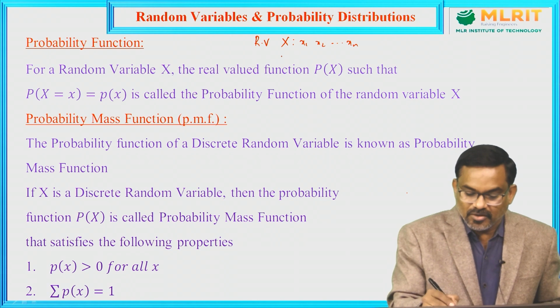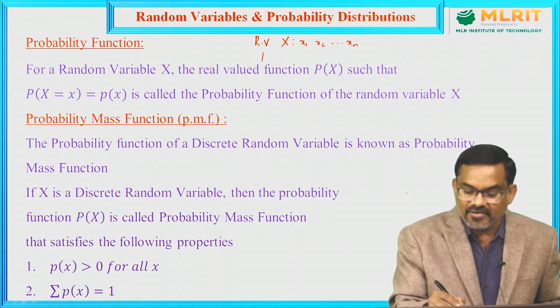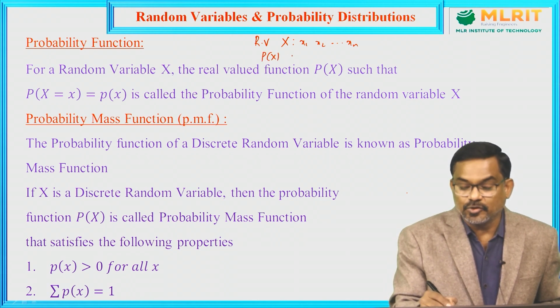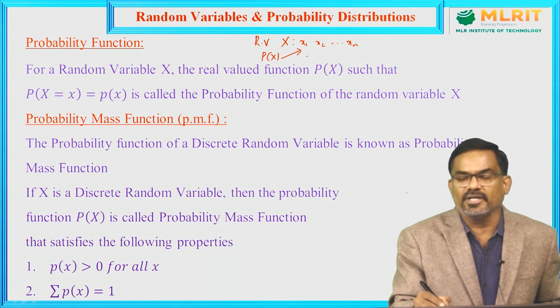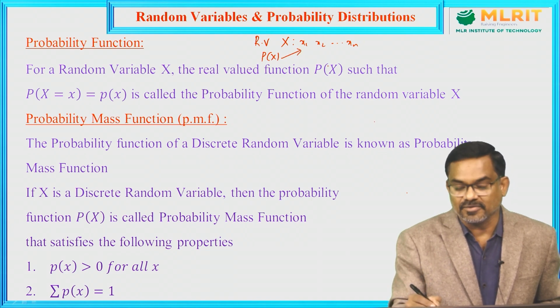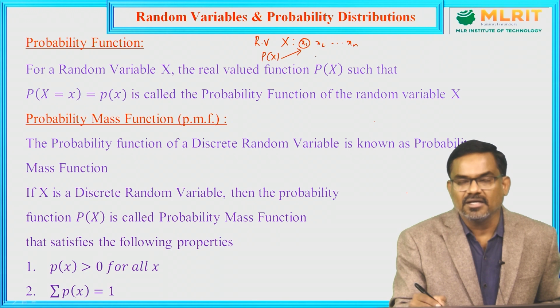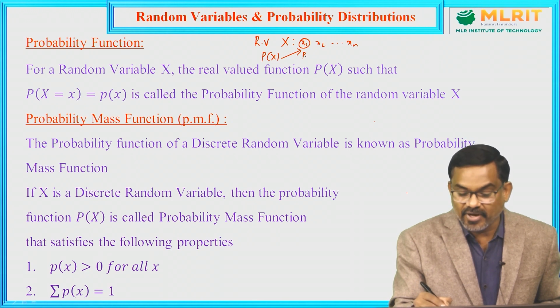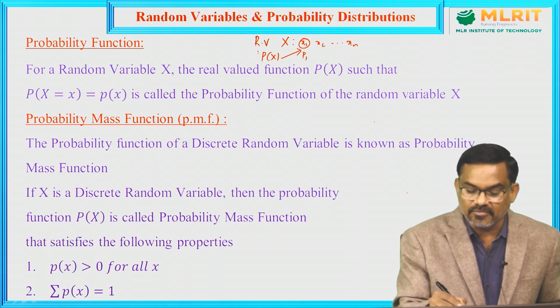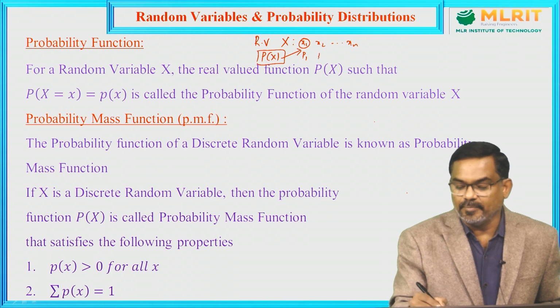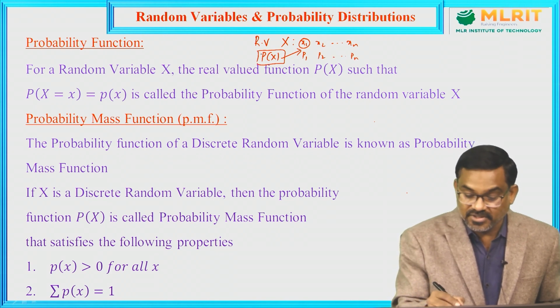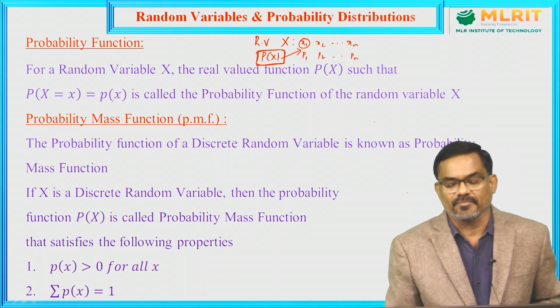Now, if we have a function p of x to find the corresponding probabilities of these n values, for example, if x1 is the random variable, you calculate p1 using this function p of x, p2 using the same, and so on up to pn. So, this function is called the probability function of the random variable x.